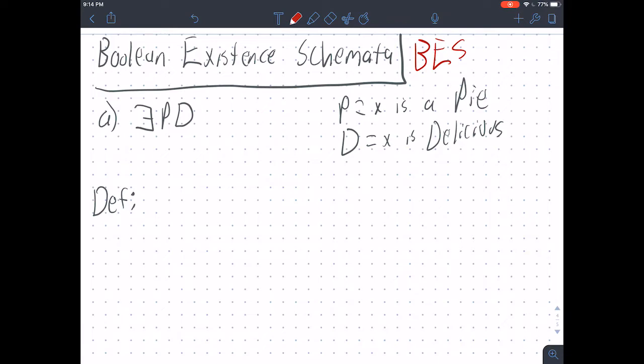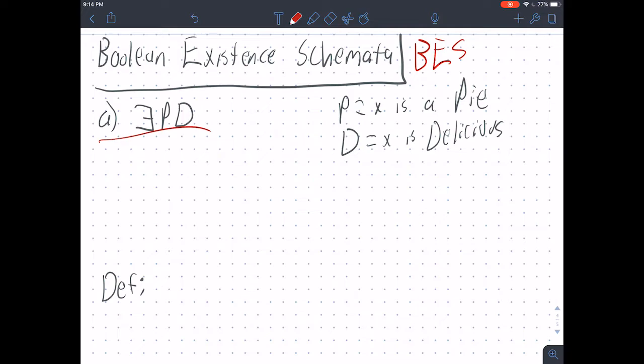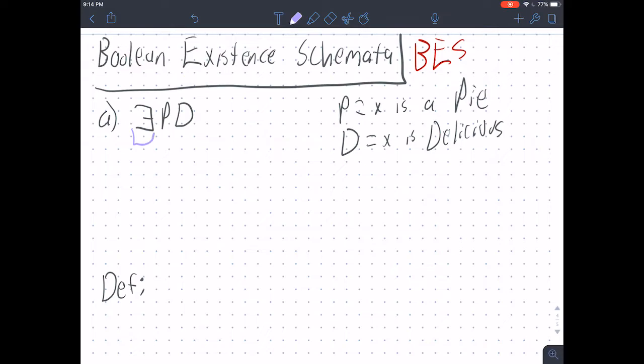So this is a Boolean existence schema, and how it works is we have this backwards E, and Quine doesn't actually call it a quantifier at this point, but I'm just going to call it an existential quantifier. How we read this, it means there exists.